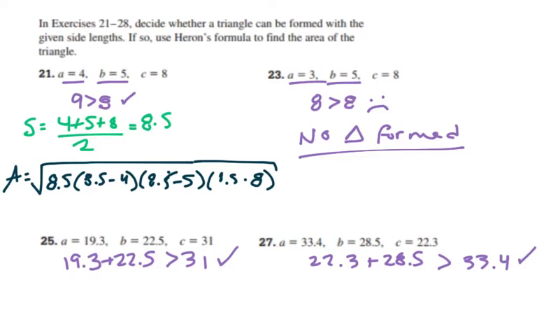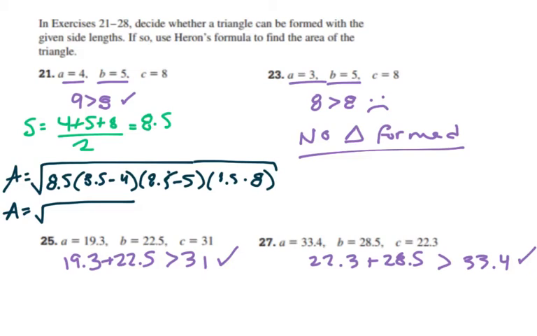Alright, and this will be the last one that we'll do on this video because we're running out of time, but that means I have the square root of 8.5 times 8.5 minus 4, and 8.5 minus 5, and 8.5 minus 8.